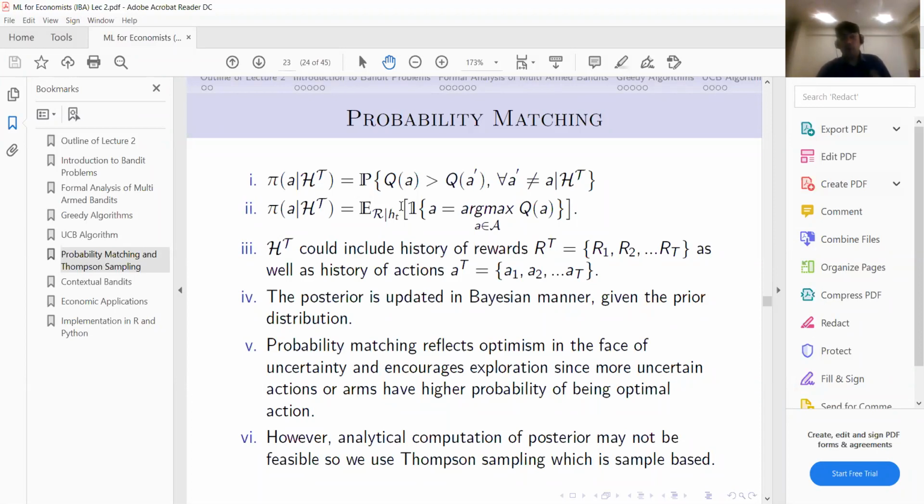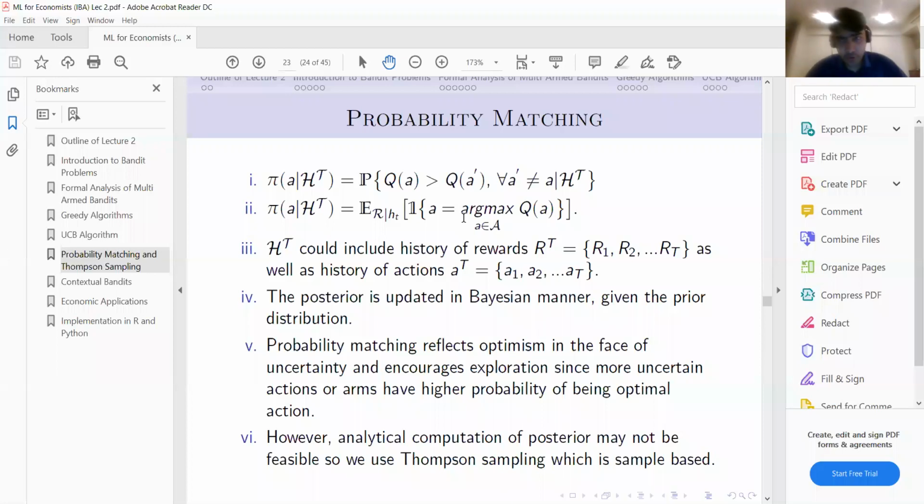But the problem is that you don't know this, right? Analytical computation of this posterior is very hard, because in many cases these posteriors don't even have analytical expressions. And if you don't have conjugate priors, then the distribution may not even be constant over time.